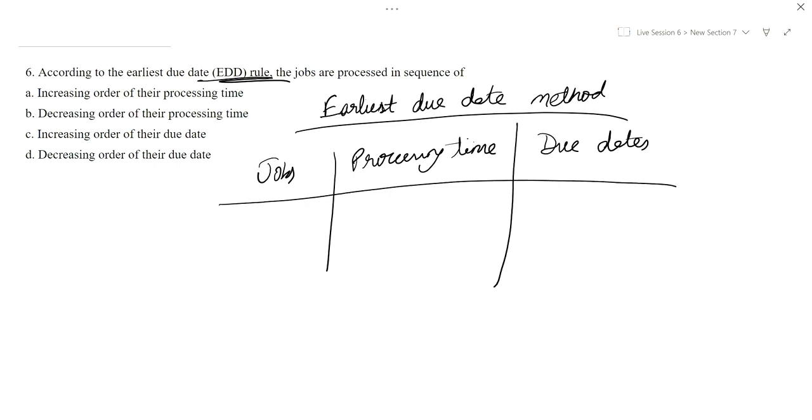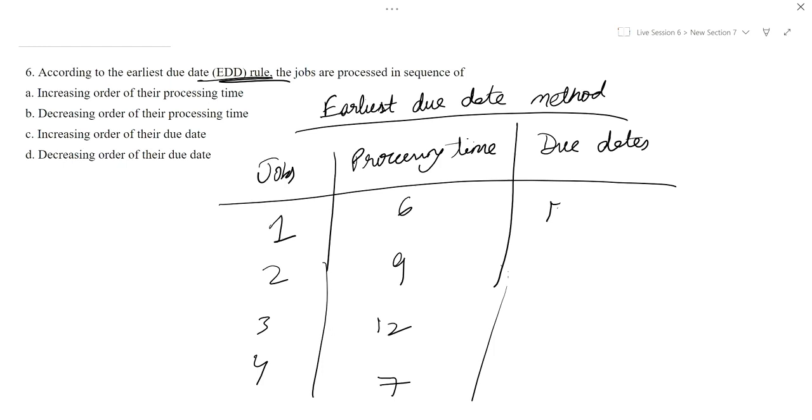Suppose, randomly, I am giving you 1, 2, 3, 4, these are the jobs, processing time is let's say 6, 9, 12, 7, due dates are 10, 6, 16, 20 and 30.